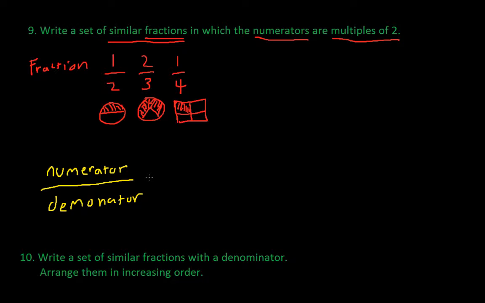Maybe I should put an E here. Denominator. But the important thing to remember is it's just the number of items that you have over the number possible.